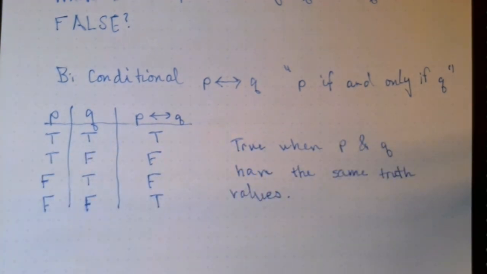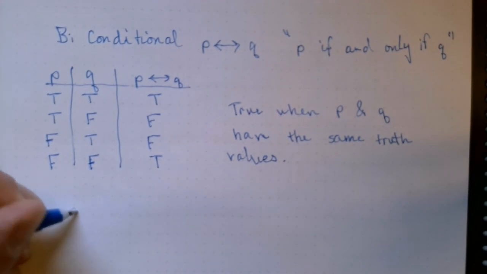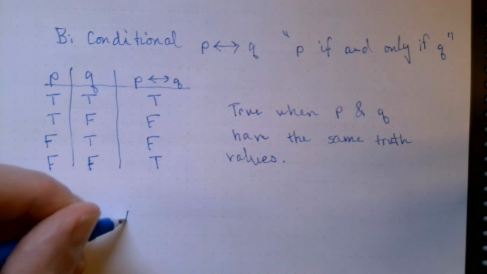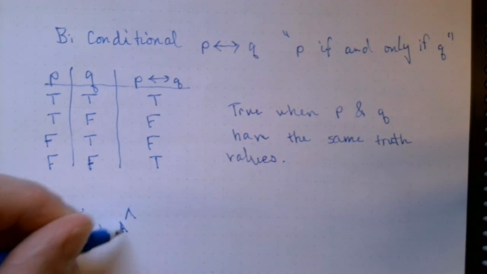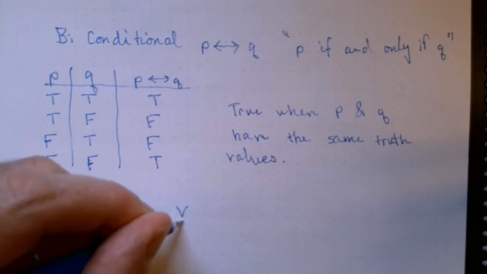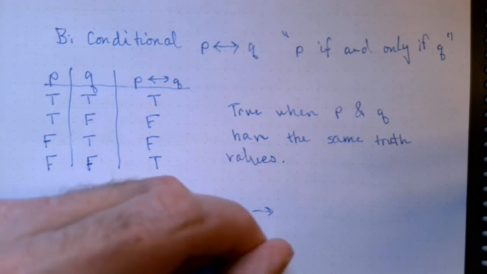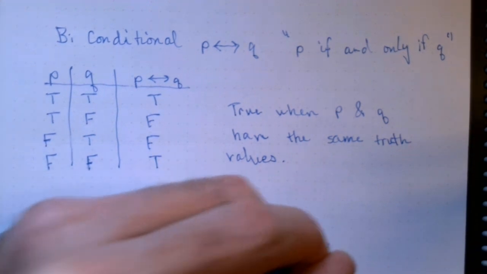I'm going to post these notes. Make sure that you study the basic truth tables for the logical operations that we went over in this video, and make sure you remember the symbols for the various operators. We had the operator not. We had and. We had or. The arrow was if blank, then blank.